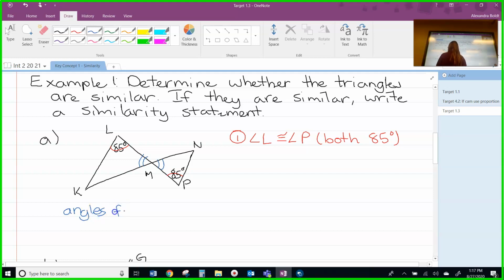Angles formed when 2 lines cross are congruent.